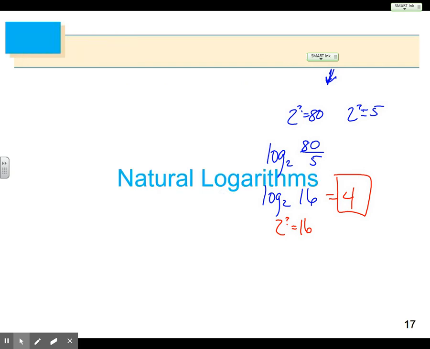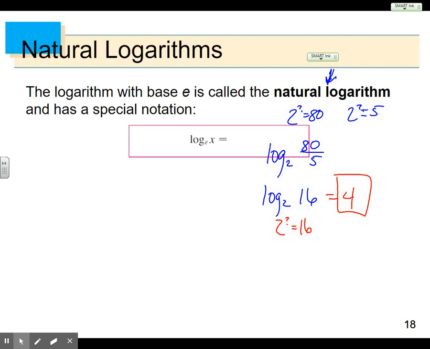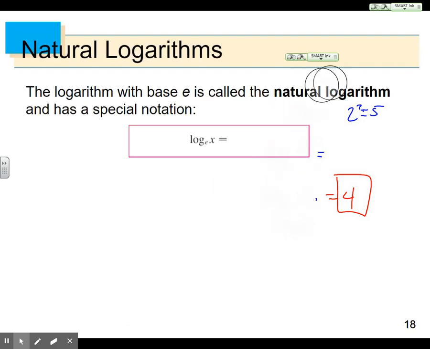Our friend Leonard Euler wanted in on the action. He said, you know what? If you're using my e, my 2.71828, whatever it is that you're using, as your log base, you're going to have to use it a lot in some of the math that you're going to do. I want you to call it the natural log.